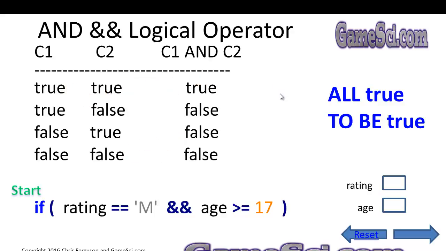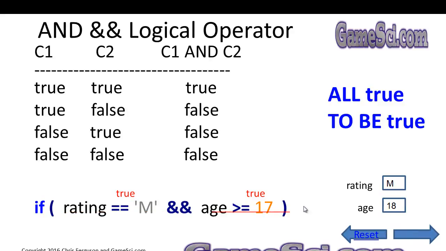Now let's see how this works when it comes to computer programming. Here we have an if statement where I'm connecting two relational operators, here and here, together with an AND logical operator. I assign some values to these variables. My rating is set to M, my age is set to 18. Is rating equal to M? Well, that is a true statement. That does match.